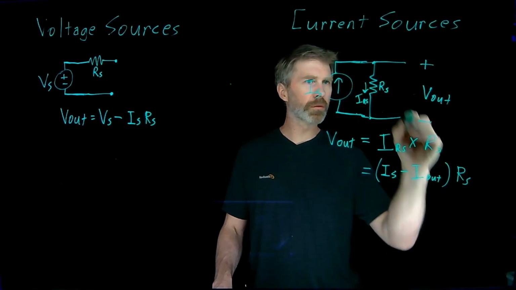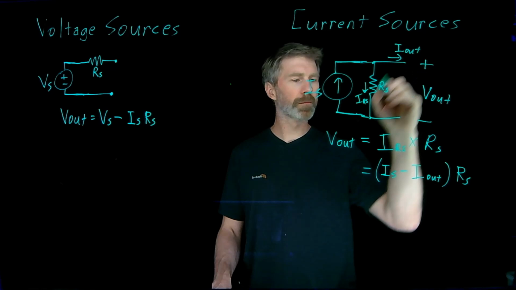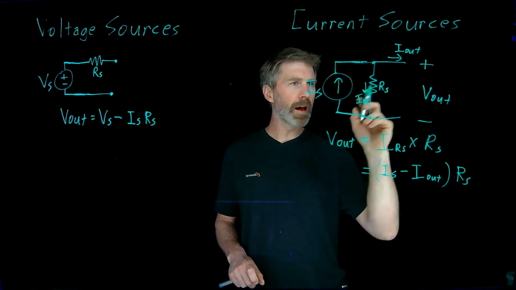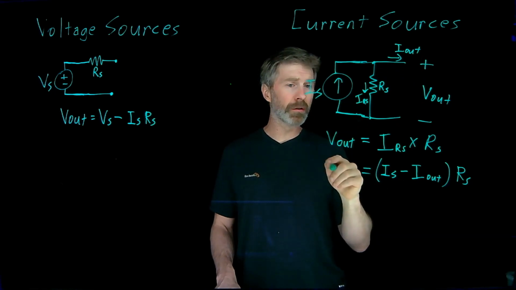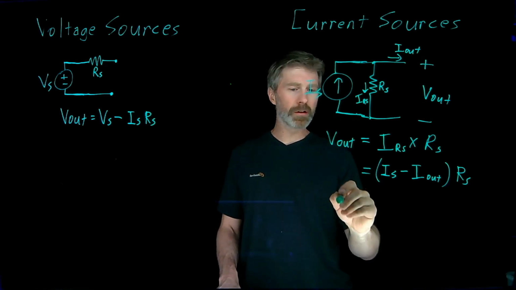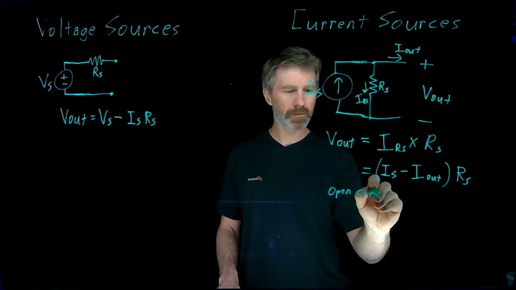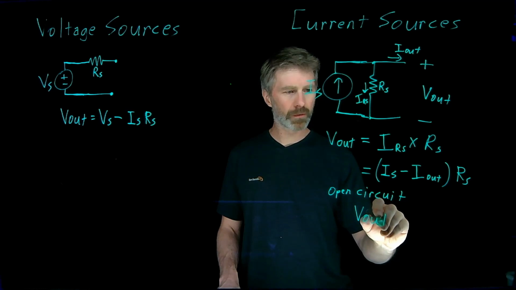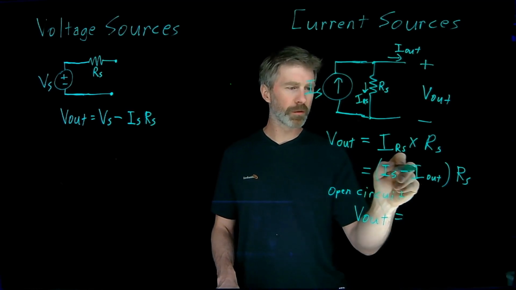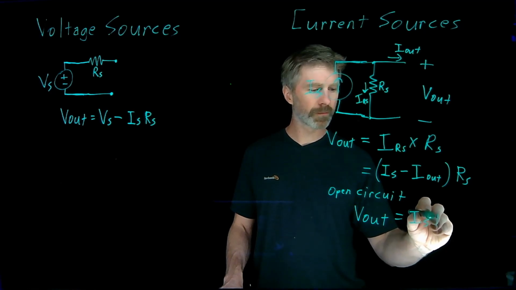So there's my I out right there. And in an open circuit, that I out will be 0. So my V out will simply be, well, let's look, open circuit. If it's open circuit, I out is 0, so V out is just going to be IS times RS.